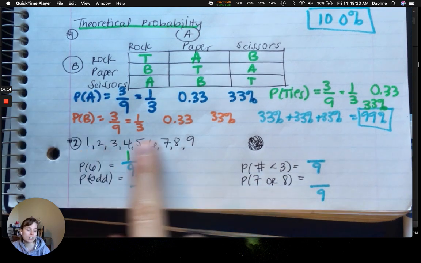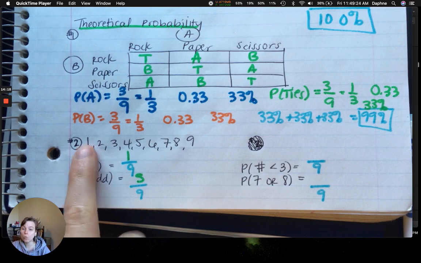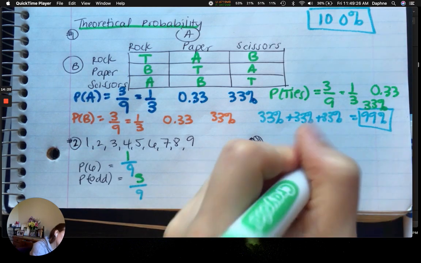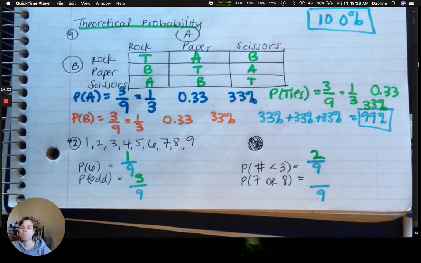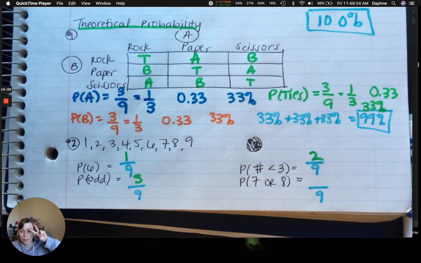How many of these are less than 3? Only 1 and 2 are less than 3, so there's only 2 possibilities. And then the probability of hitting a 7 or an 8. That means there's only 2 options, a 7 or an 8. Either one would work, but I have only 2 options. So also that is 2/9.